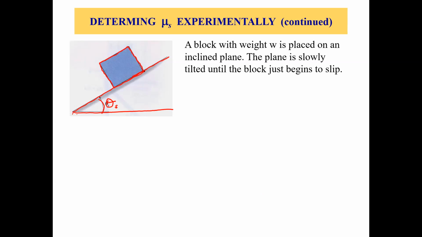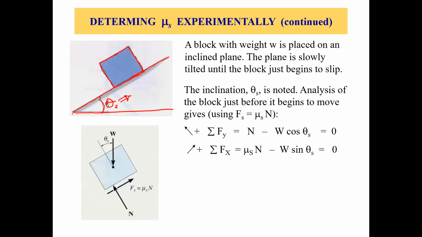The plane is slowly tilted until the block just begins to slip. So we increase this angle, theta s, so that we can see this block move. Once we do that, the inclination theta s is noted at the point where the block begins to move.